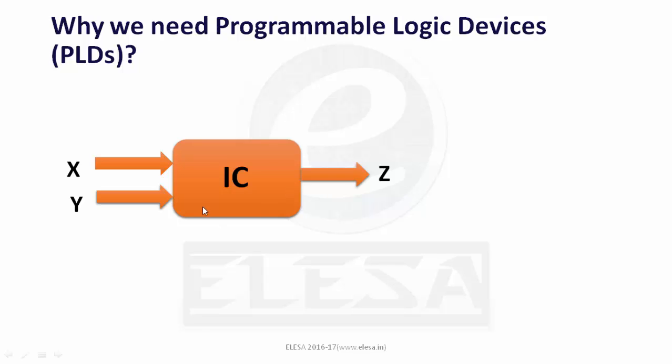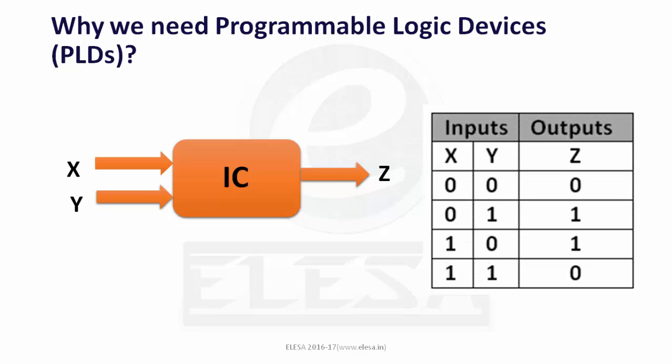So to understand its function, I will randomly give any combinations at the inputs x and y, and I will check its output. And I come to know, as this is the example, that it gives me observations like this. This is the truth table for this IC, that is, for 00 the output is 0, for 01 the output is 1, and so on.